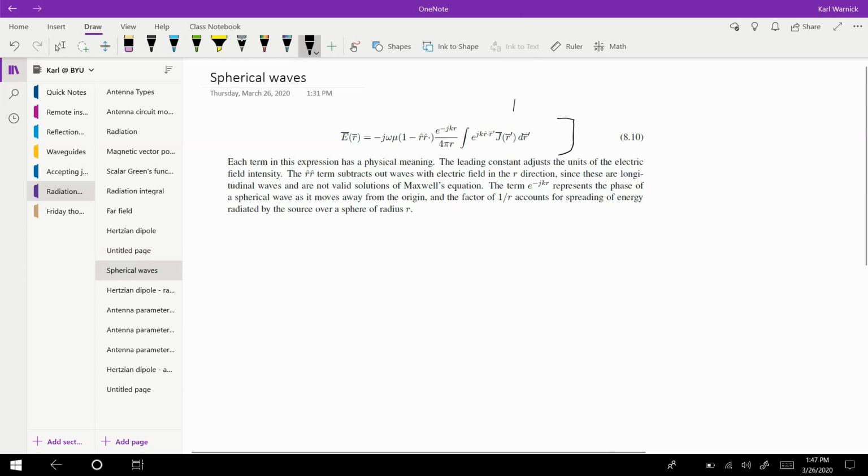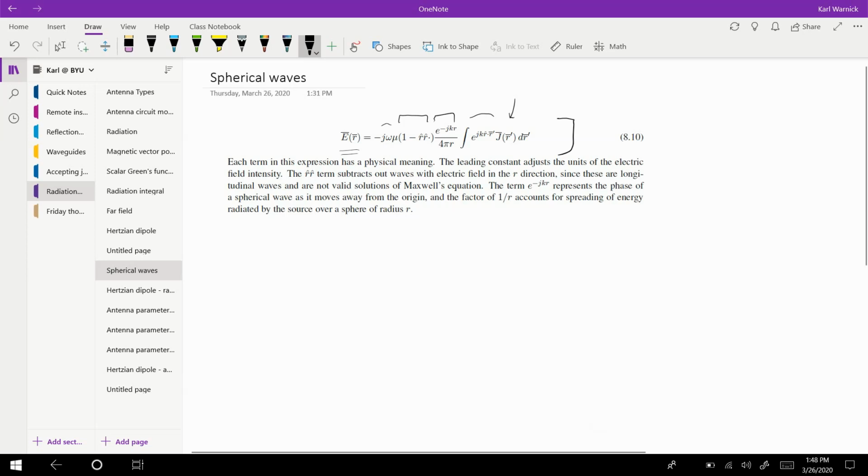We start with a current model, then we work an integral, which is a three-dimensional Fourier transform. Then we add a spherical wave term. We adjust the vector direction, multiply by a constant, and that gives us the output, which is the field radiated by the antenna. And from that, we can find antenna parameters, which we're going to look at in just a minute.